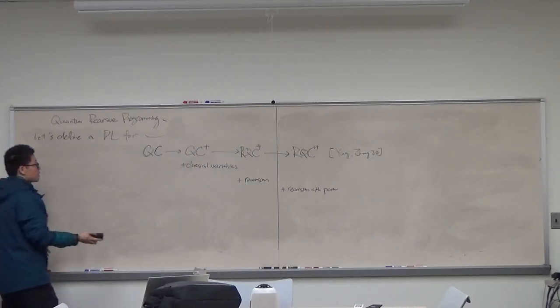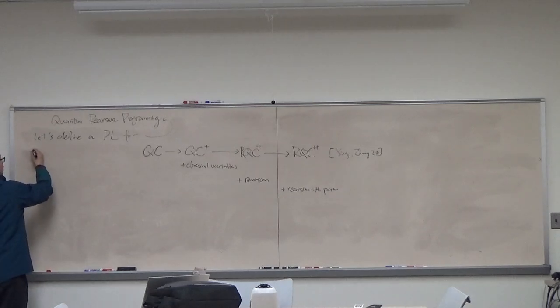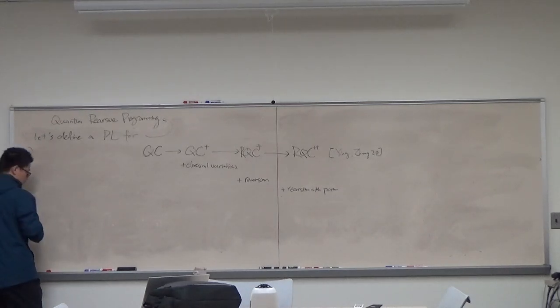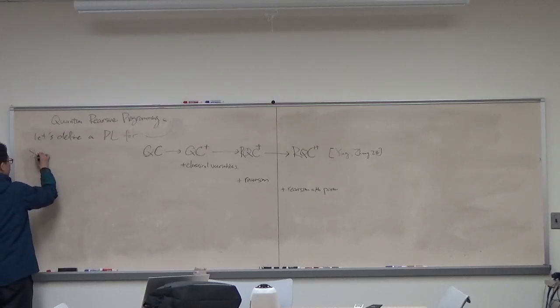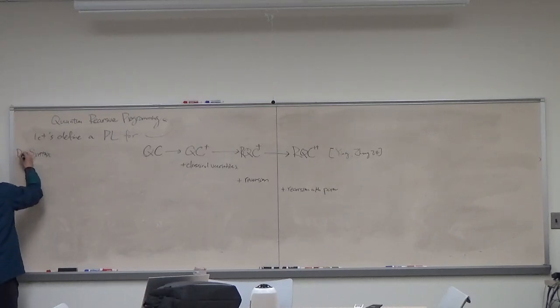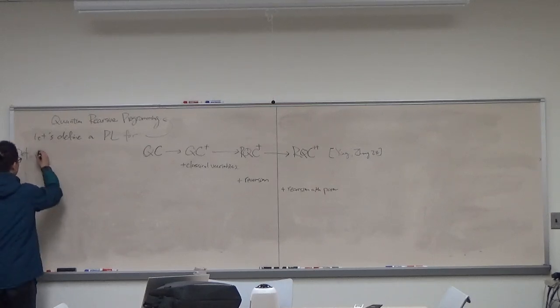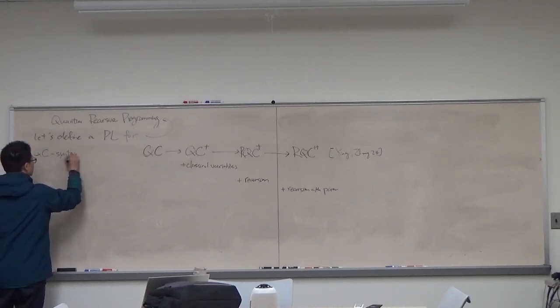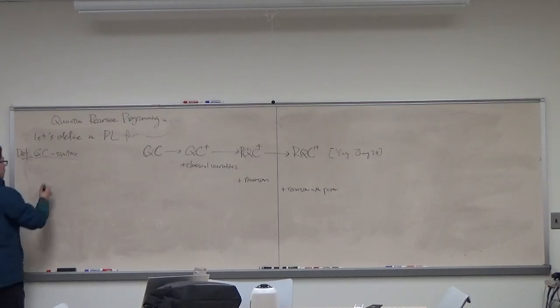Okay, great. So today, let's just start with the simplest one, the quantum circuit. So first, what is the syntax? Here we write the definition. Remember, syntax tells you how to define a language.